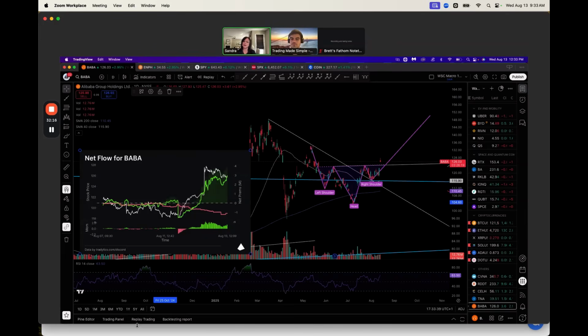But go ahead, Paulo. So we have here that bullish breakout on the flow for BABA. So what we see is that this breakout on the chart, this breakaway gap with the confirmation of the inverse head and shoulders, is currently backed up by strong bullish flow for BABA. So this lets us know that the odds of this trade developing as expected, which would be long, are very high compared to if there was no bullish flow backing up this move.